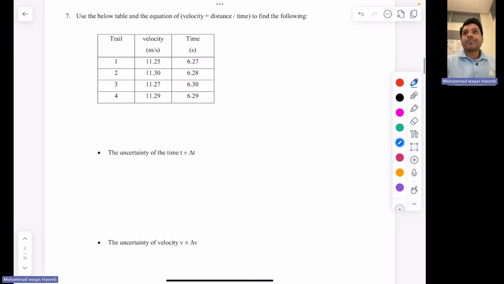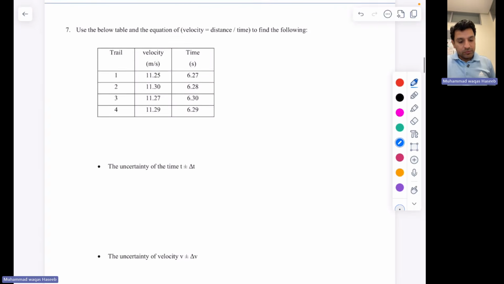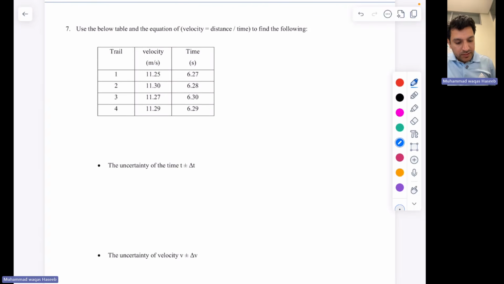So now, for the uncertainty in time, you add these values and sum them up, and then divide by 4, so you will get the average value of the time. So the average value of the time, I suppose from this: 6.27 plus 6.28 plus 6.30 plus 6.29 divided by 4.